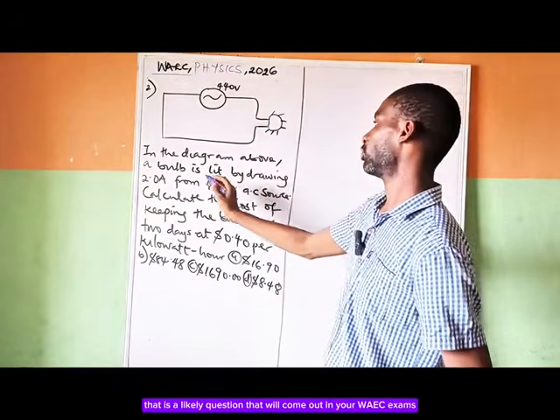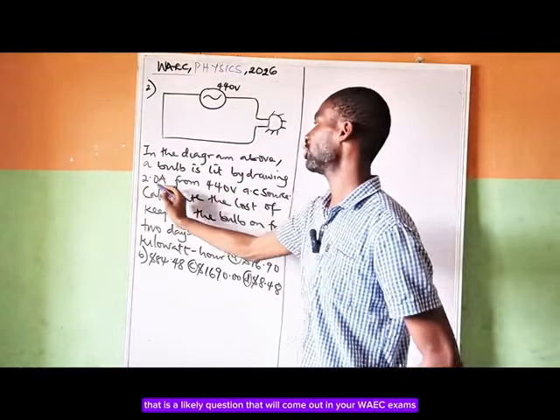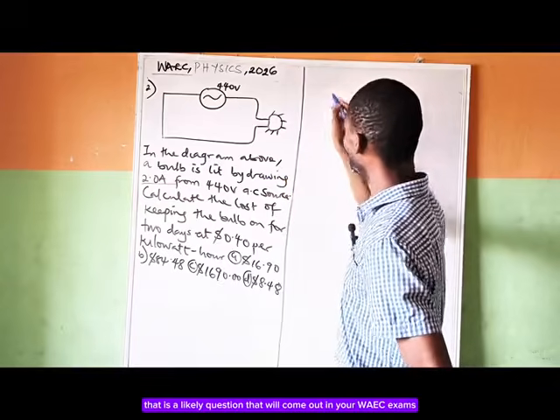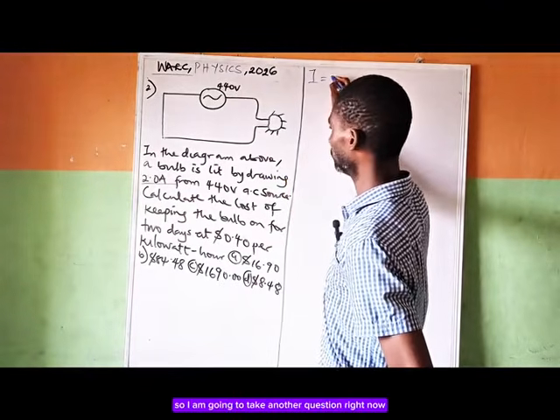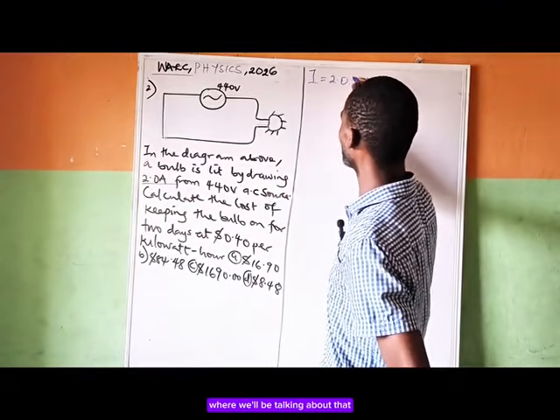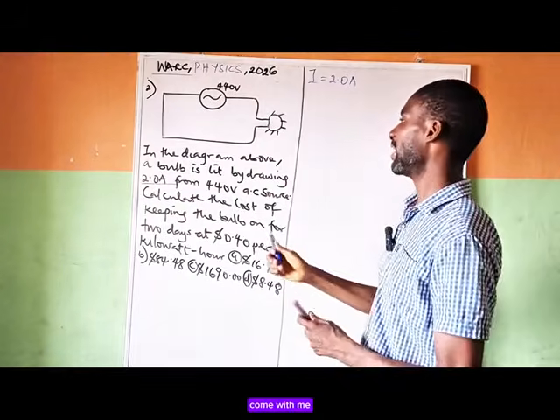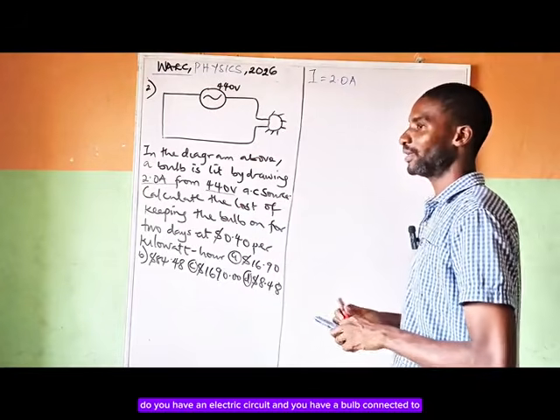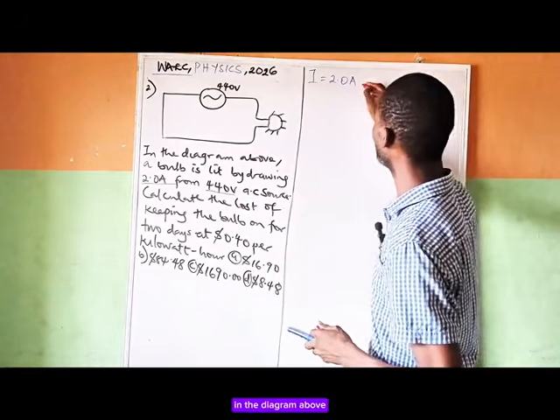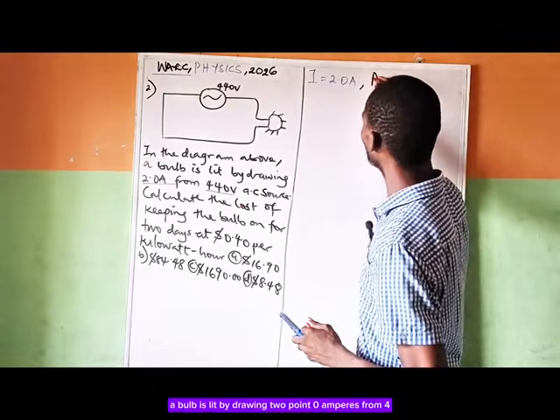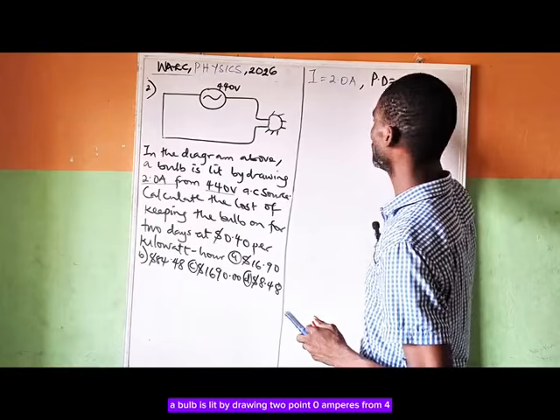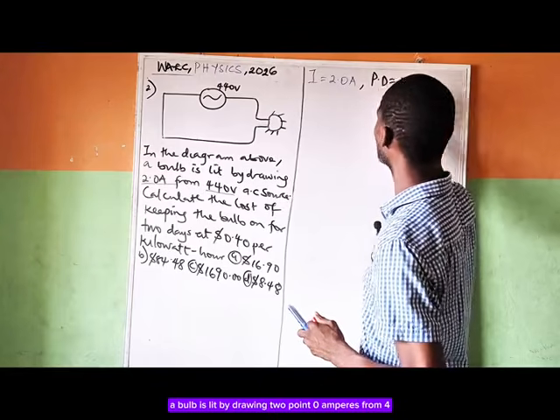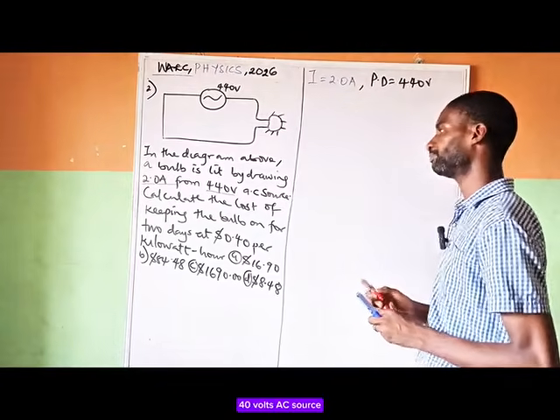The current is 2.0 amperes from a 440 volt AC source. You can call that the potential difference or the EMF. So the potential difference is 440 volts, or the voltage, as the case may be.